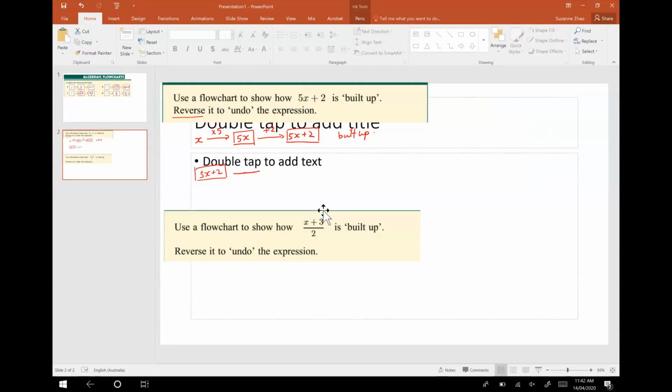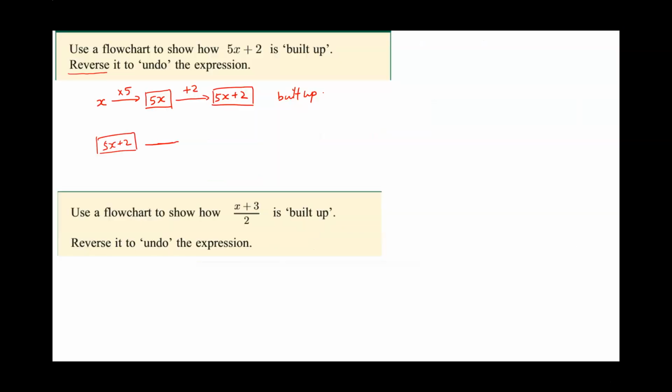That will be 5x plus 2 take 2, that's 5x. And then I can divide by 5. Then 5x divided by 5 is x, and that will result in my x. Okay? This is a reverse, which is undo.